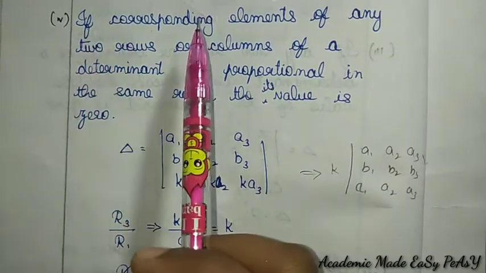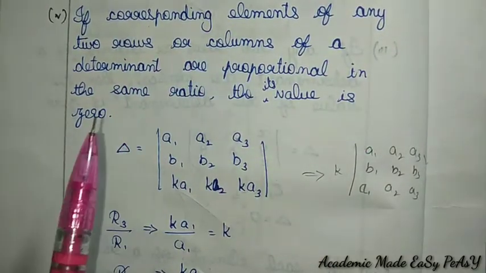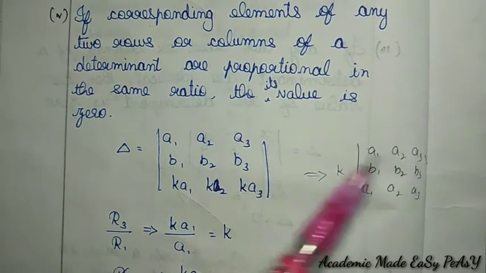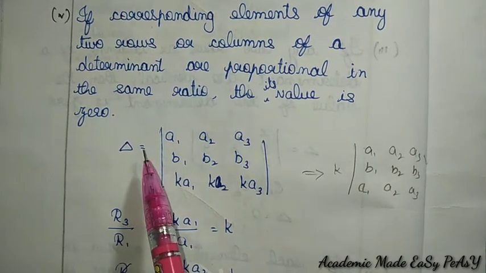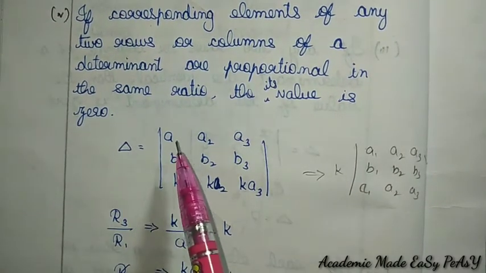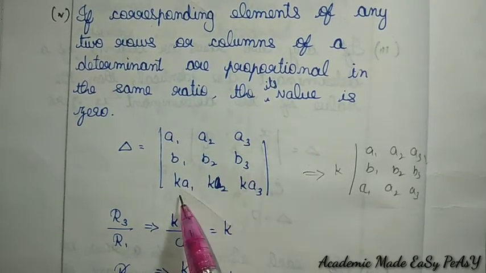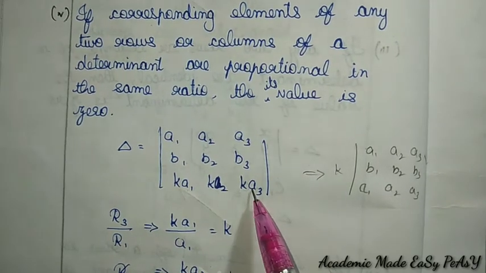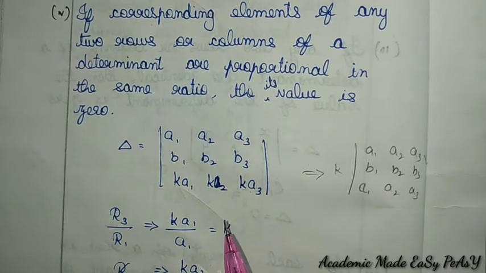If corresponding elements of any two rows or columns of a determinant are proportional in the same ratio, then its value is 0. For example, I have determinant equal to a1, a2, a3, b1, b2, b3, and a constant multiplying a1, a2, a3. In the previous property, we saw we can take the k out.